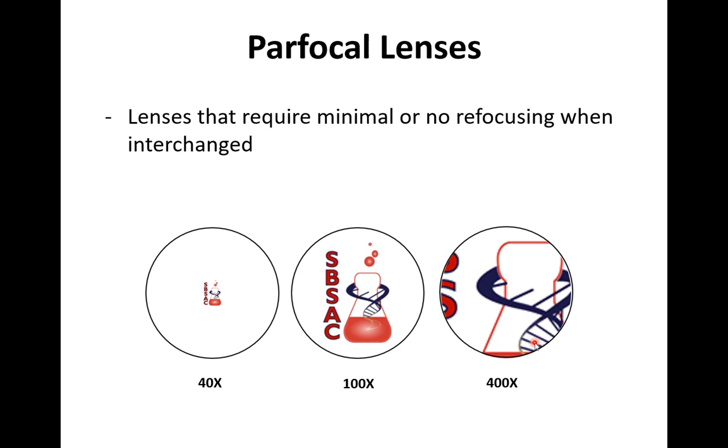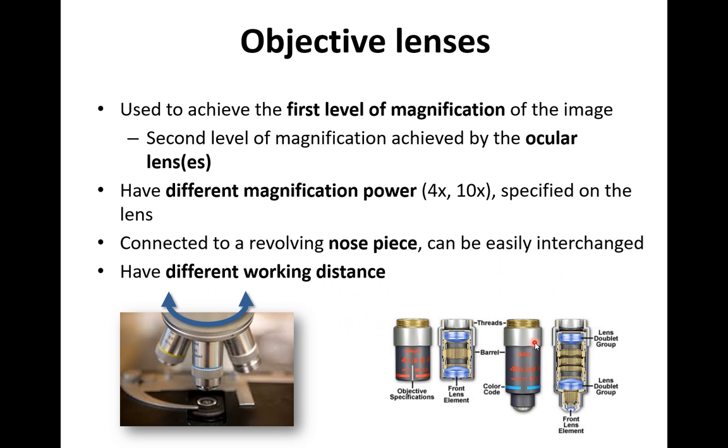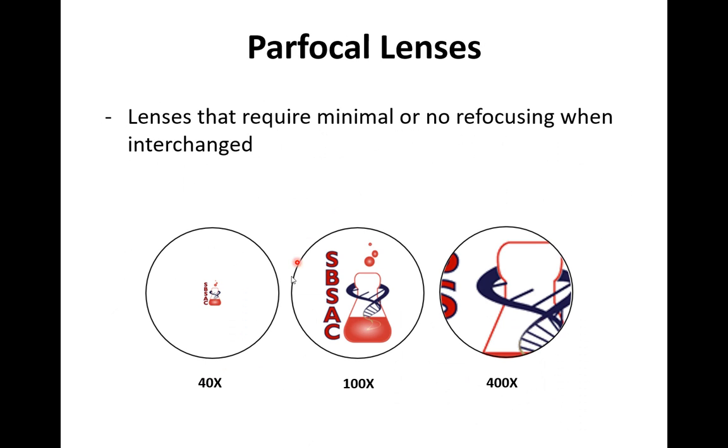Together with that, some lenses, and I will show this to you in the lab, are defined as parfocal. What we mean by parfocal lenses is lenses that, once you switch from one to another, say you go to power with the 4-times lens first, and then you rotate and put the 10-times lens, and you look for the focus again, normally require very minimal refocusing.